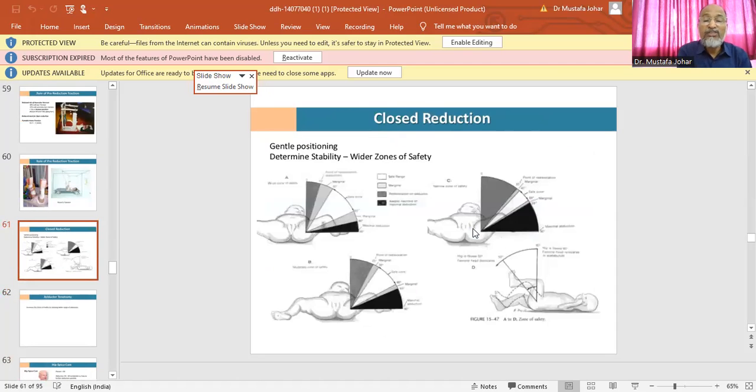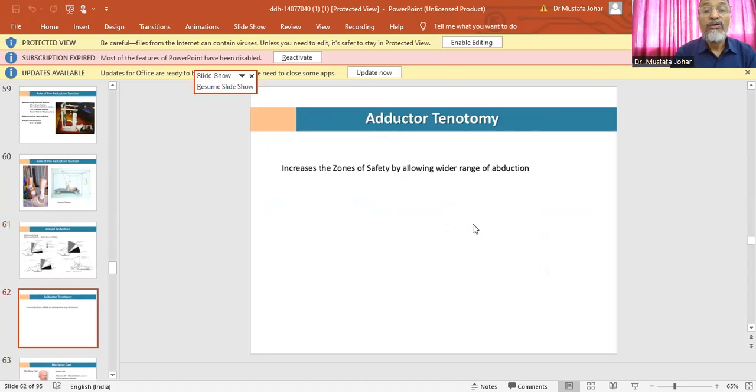This is a closed reduction, and then gentle positioning is important because it should be in a safe zone, and at the same time the stability should be maintained. So abduction and internal rotation are important factors for the maintenance of the vascularity.